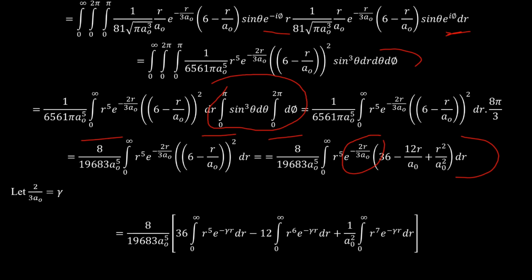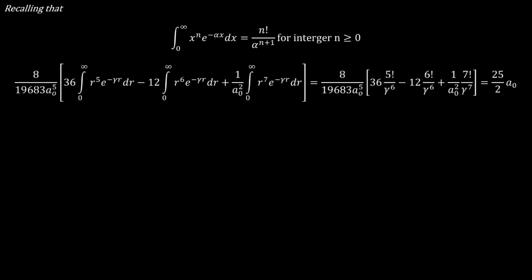Our aim is now to evaluate these integrals, which we can do by applying this integration here. This integration will be used to evaluate those integrals, and we finally have this expression. So finally, our expectation value is 25 over 2 times a naught, where a naught is the Bohr radius.